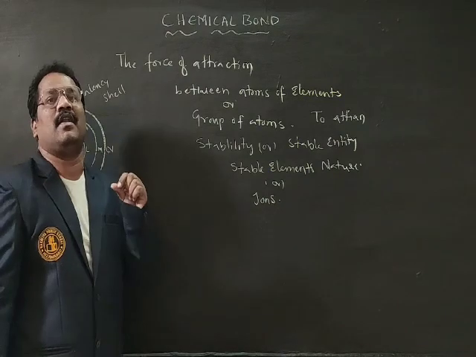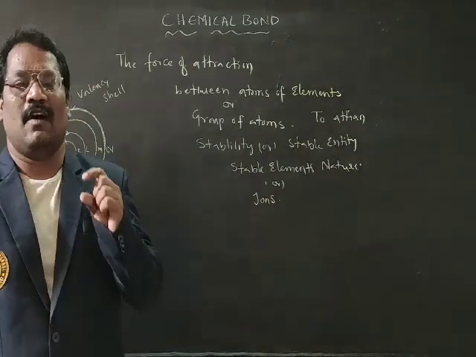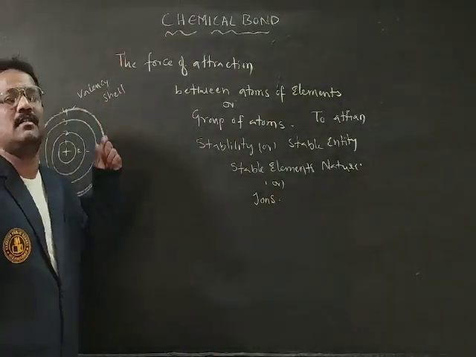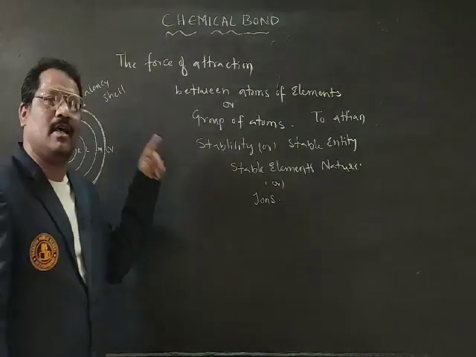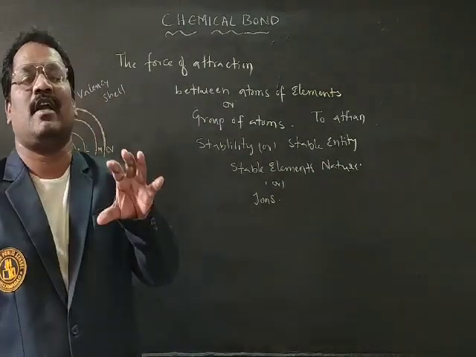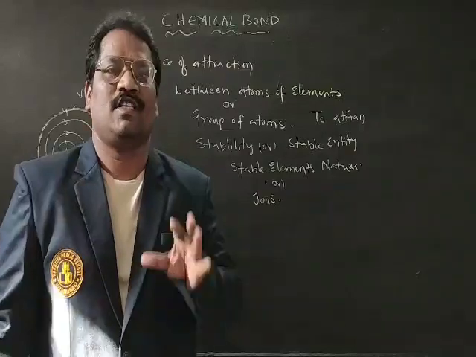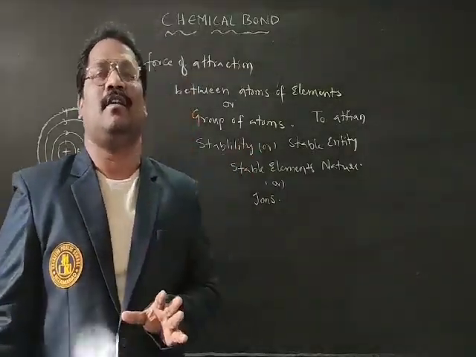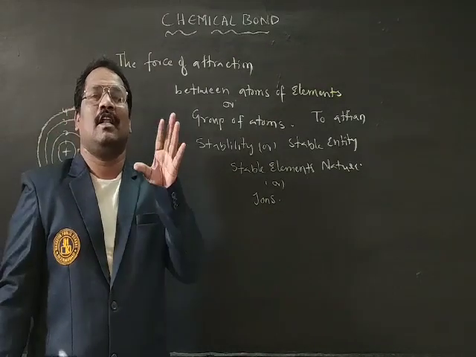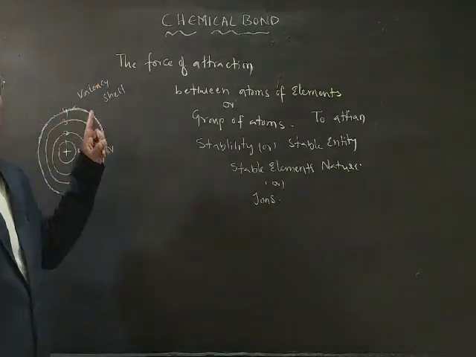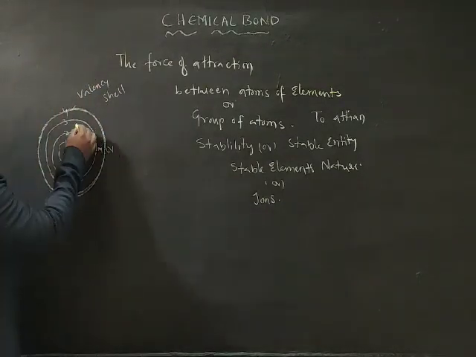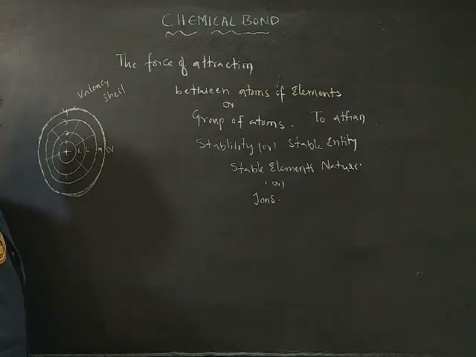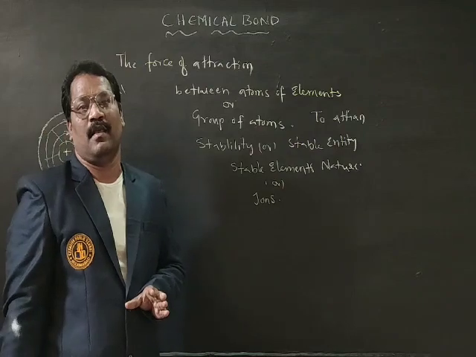The outermost shell of an atom is called the valency shell. Within that shell, electrons will be existing. Those electrons participate in bond formation. The remaining orbital electrons do not participate in bond formation.